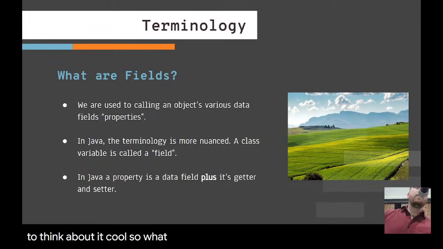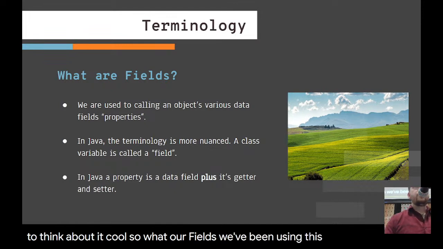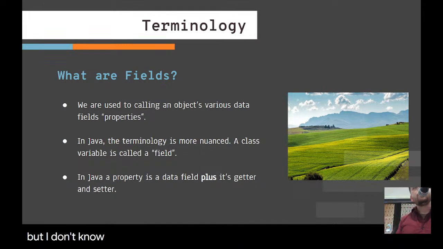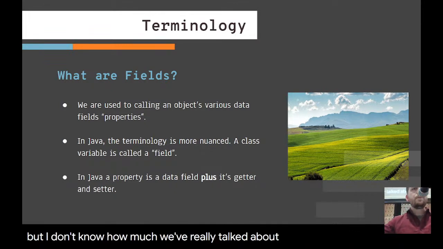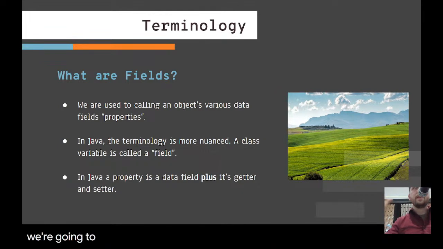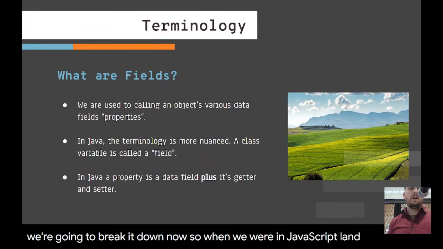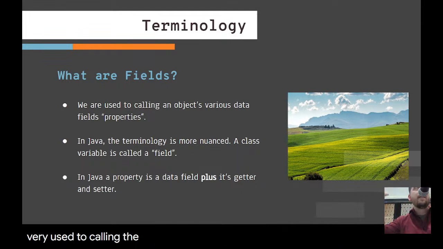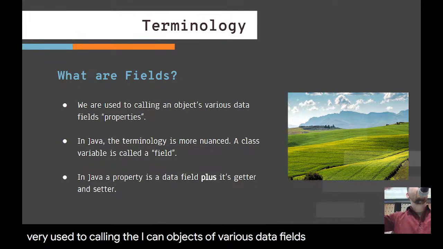Cool. So what are fields? We've been using this field terminology, but I don't know how much we've really talked about it, so we're going to break that down now. When we were in JavaScript land, we were very used to calling an object's various data fields properties.